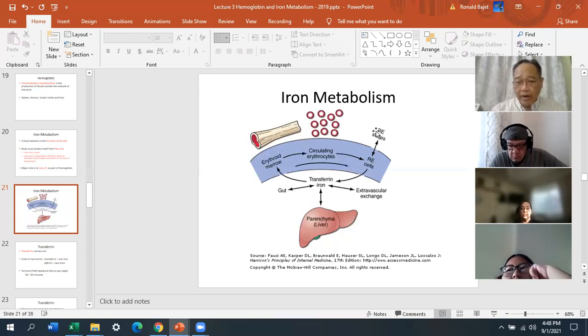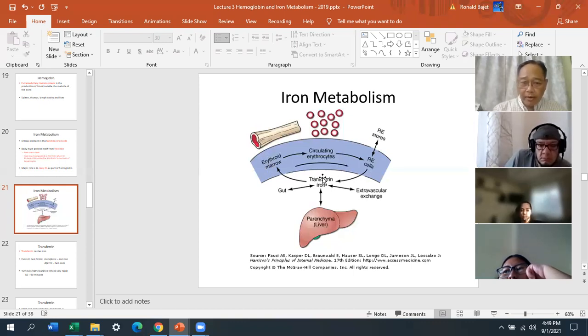Transferrin will take iron from the reticuloendothelial stores and either send it to the gut, extravascular exchange, or the liver. But for the most part, for your daily needs, it's going to send it to your bone marrow, specifically your erythroid marrow. So the erythroid marrow will take the iron from here and use it to produce red blood cells.